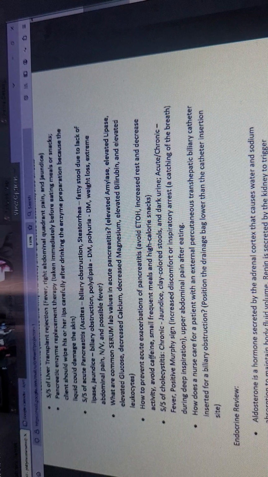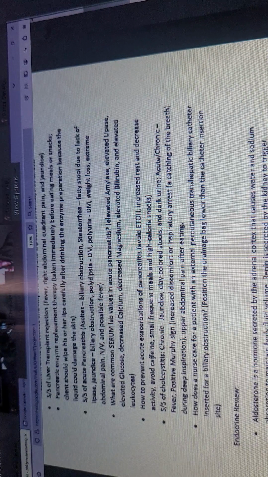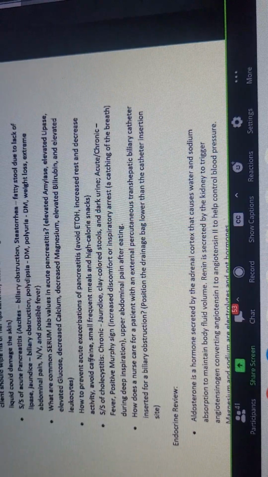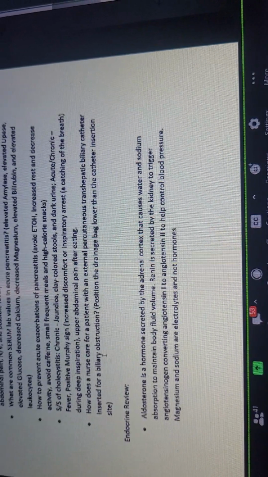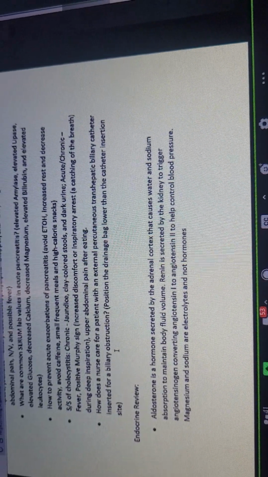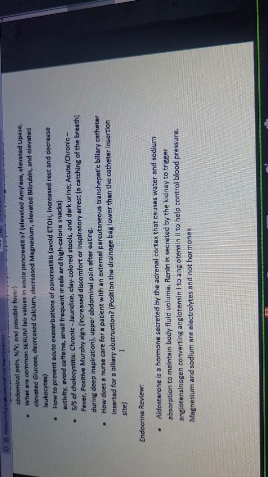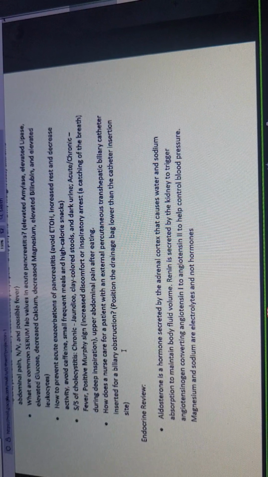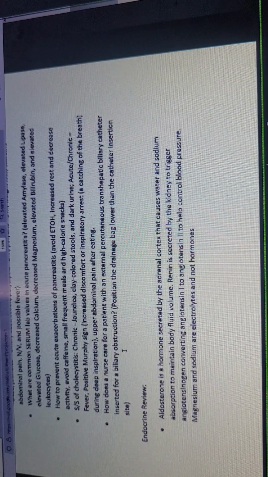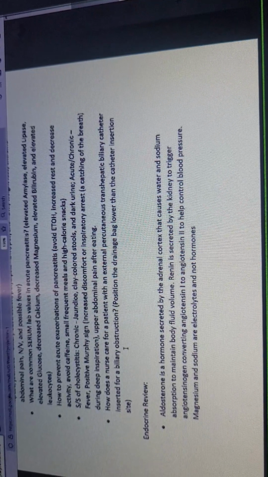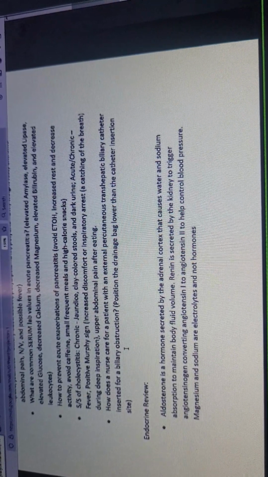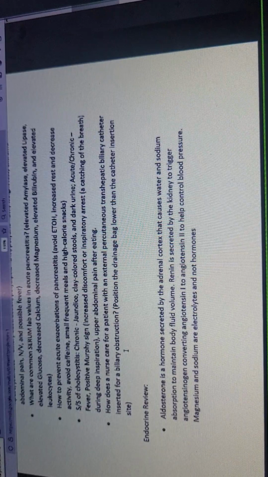So there's also going to be some endocrine on this exam. So what I want you to do is remember some stuff here. Aldosterone is a hormone secreted by the adrenal cortex and causes water and sodium absorption to maintain that body fluid volume.